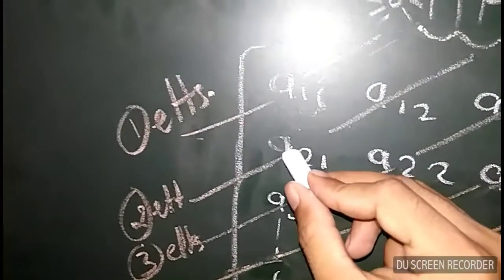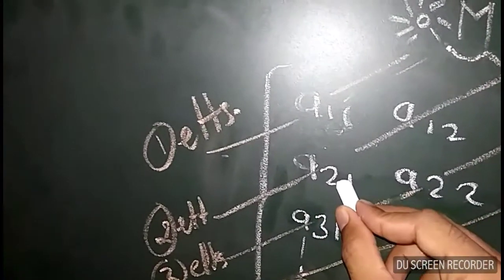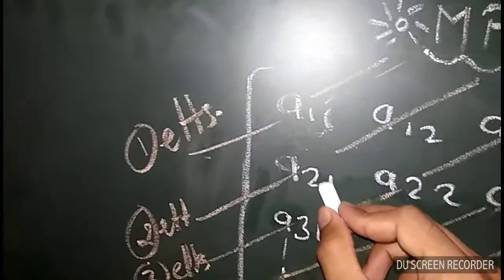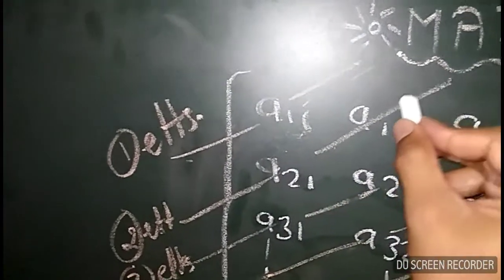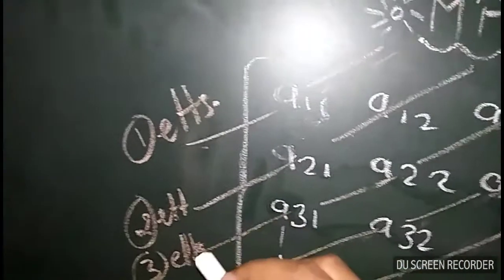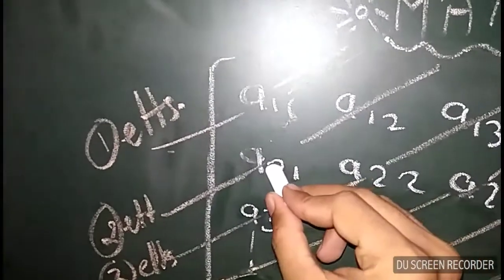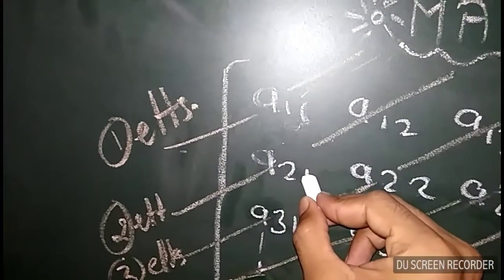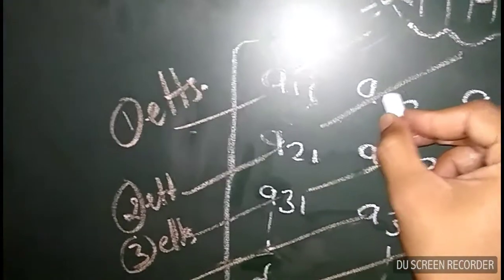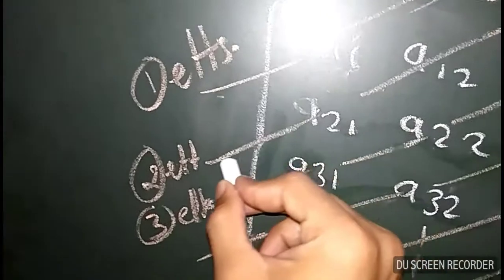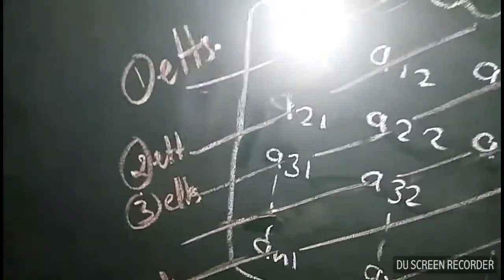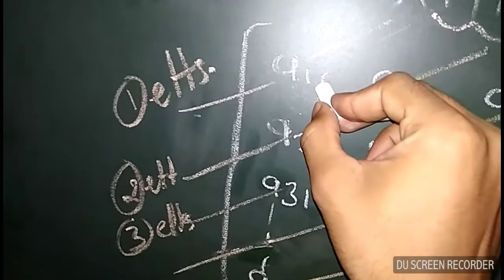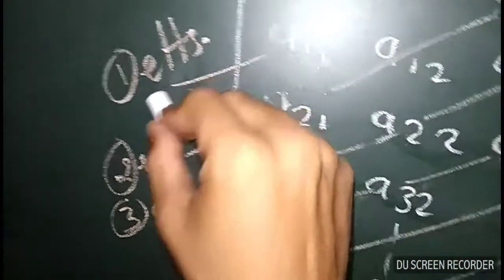Now if the sum of row number and column number is 3, then we see 2 1 and 1 2, so there are 2 elements in this diagonal. And so on. If the sum is 2, there is one element.